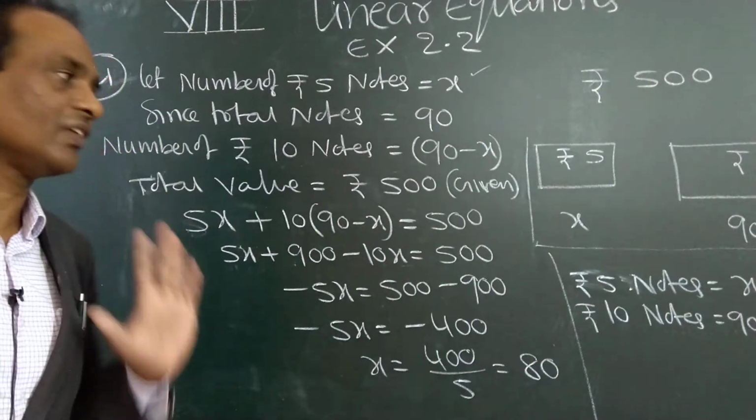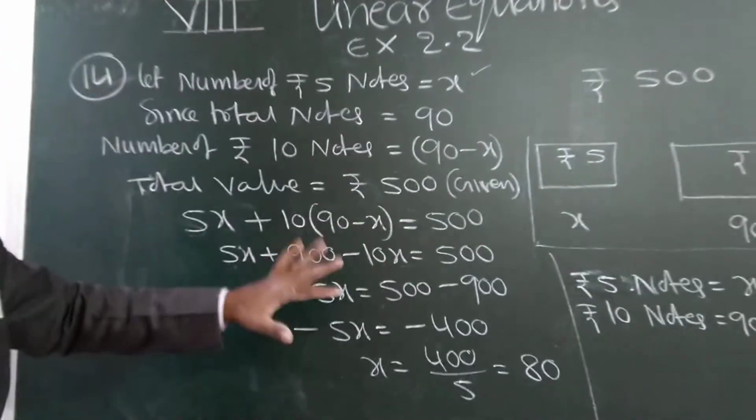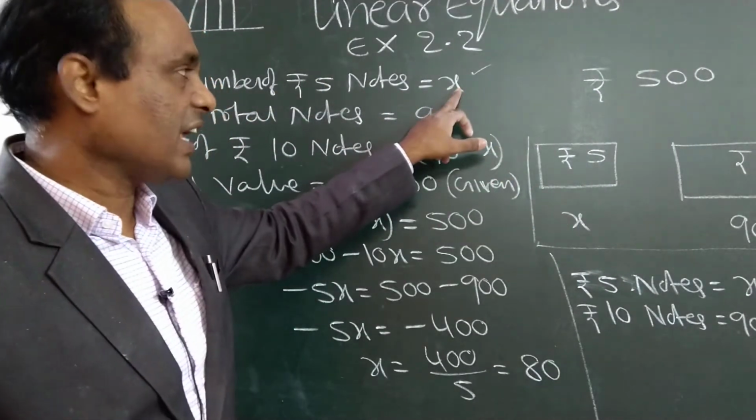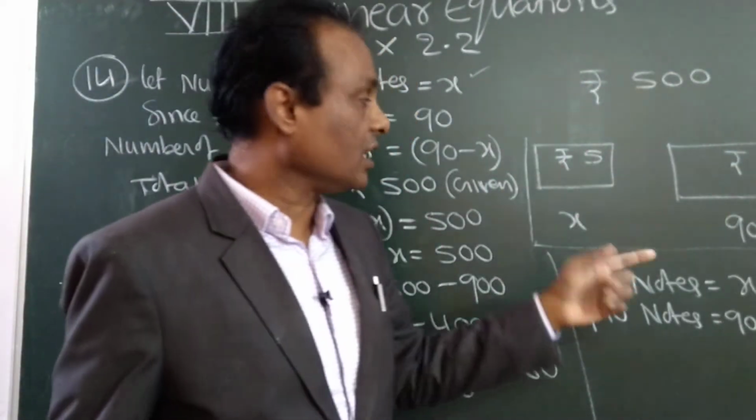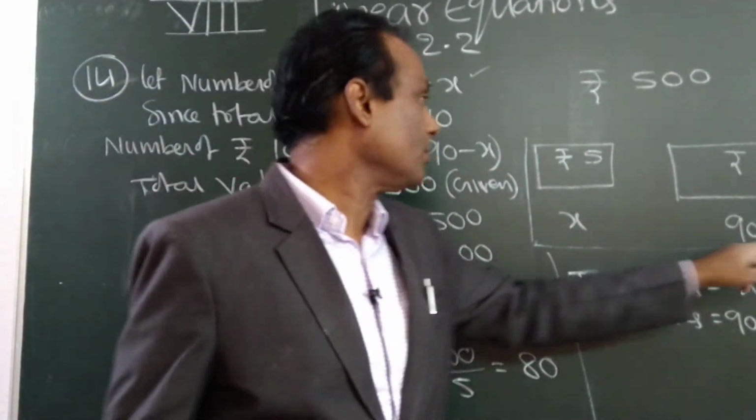So this is the process. You have to understand that the number of 5 rupee notes is x, because total notes are 90. If this is x, the remaining will be 90 minus x.